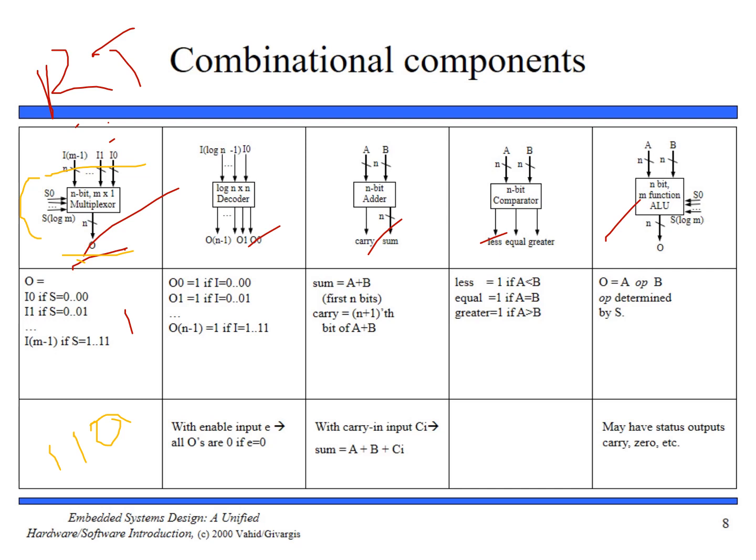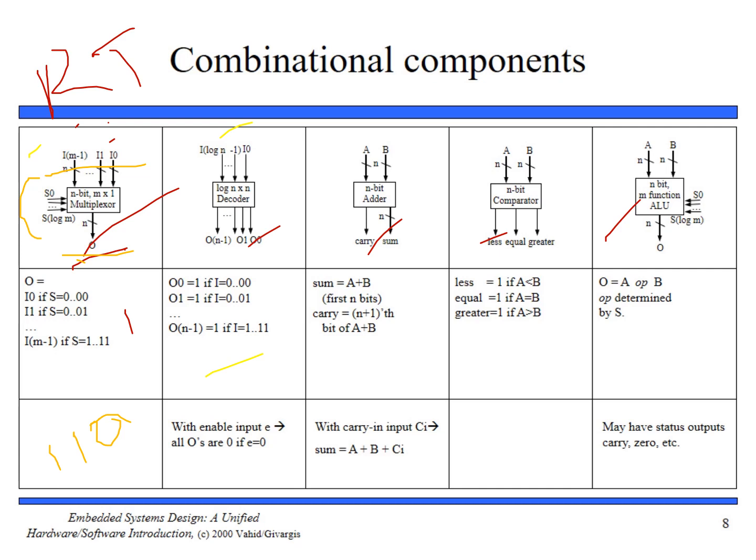Now moving on to the decoder. This first one was the multiplexer, and the second is the decoder. Another combinational component is the decoder. A decoder converts its binary input I into a one hot output. One hot means that exactly one of the output lines can be 1 at a given time.